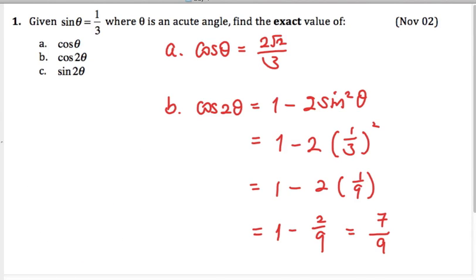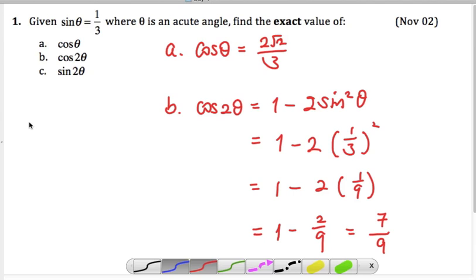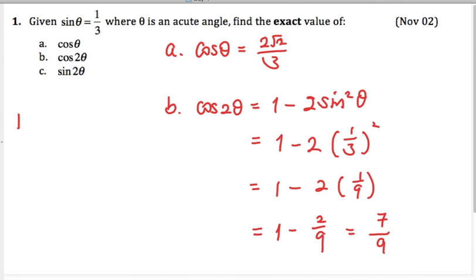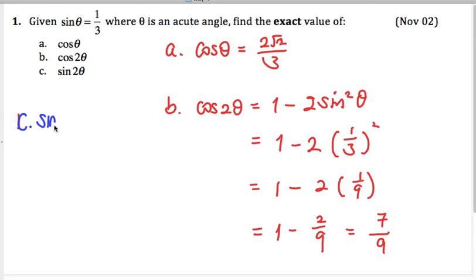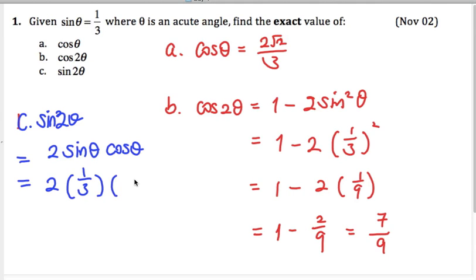Okay, sine of 2 theta, so C, 2 theta is equal to 2 times sine theta cosine theta. 2 times sine theta was 1 over 3, and the cosine theta is 2 square root of 2 over 3, so I get 4 square root of 2 over 9.